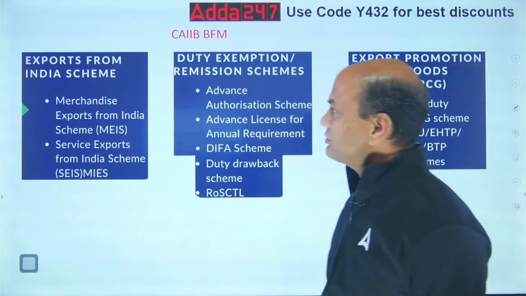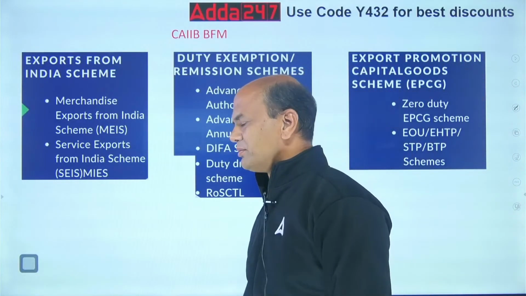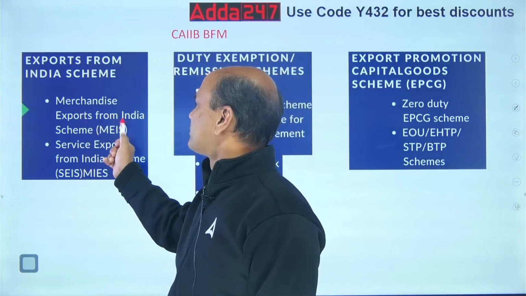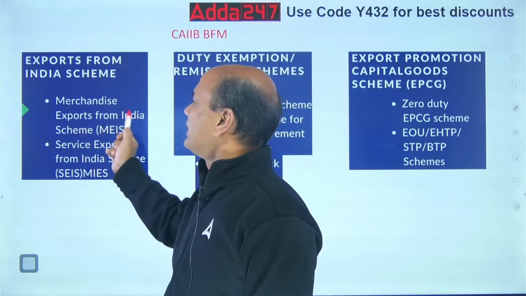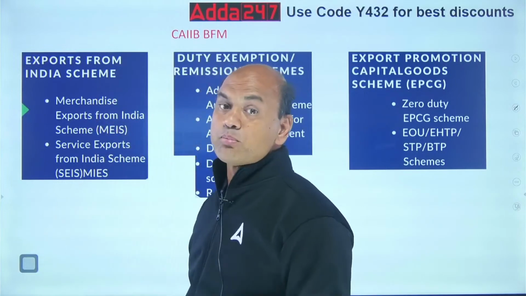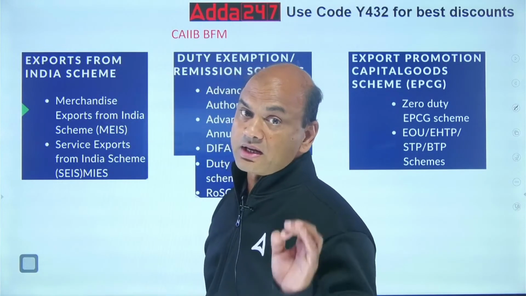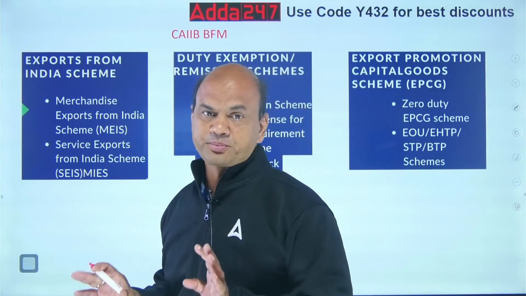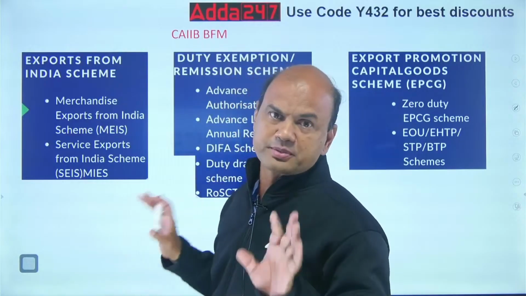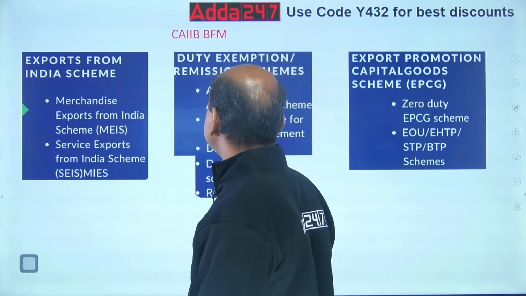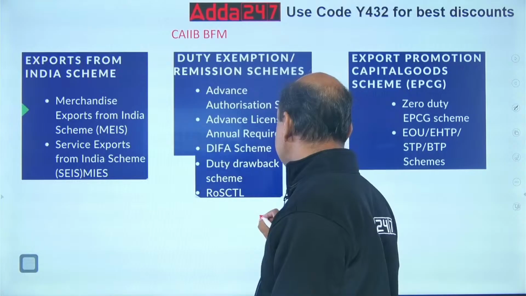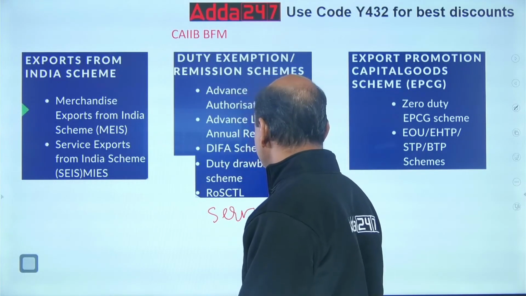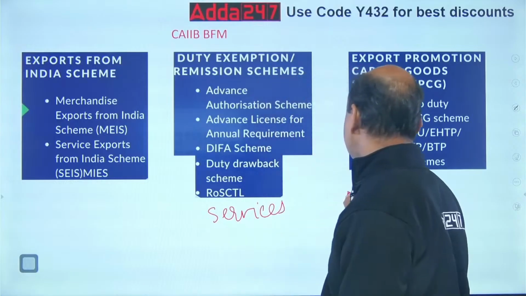So, Exports from India scheme. Now, what is this Exports from India scheme? Merchandise Exports from India Scheme, MEIS. Look at this word, merchandise. Merchandise means producing something. Kindly note, there are two types of exports. Exports are of two types. One is services, and second is merchandise, means goods.